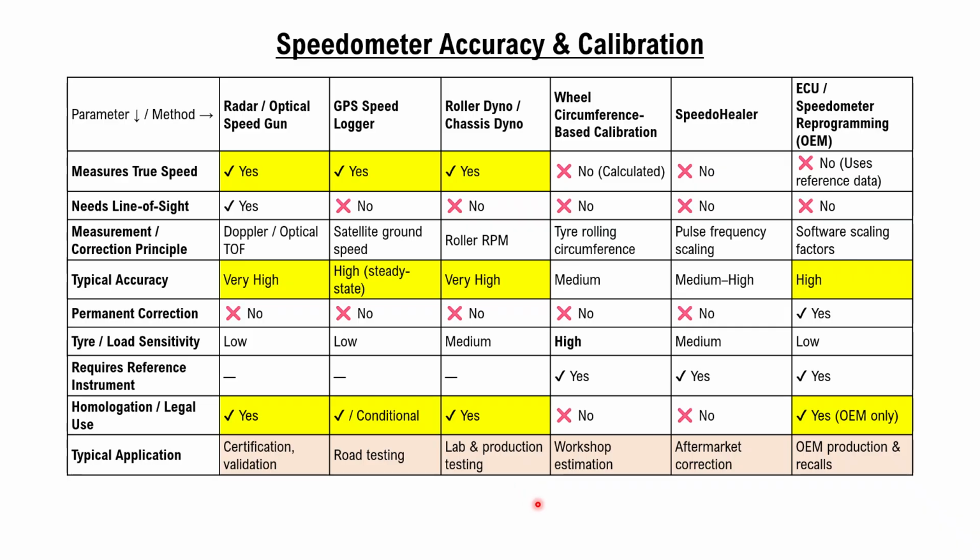Wheel circumference method is particularly useful for workshop estimation. Speedo Healer is specially useful for aftermarket correction. ECU is for OEM productions and recalls.